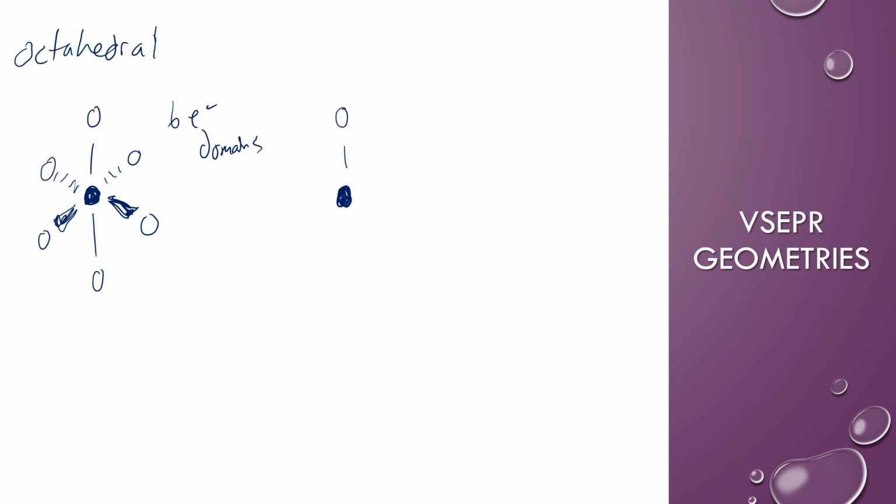If you have one of them as a lone pair, what happens is one of the axial ones is the lone pair, like this. And so this is called square pyramidal.